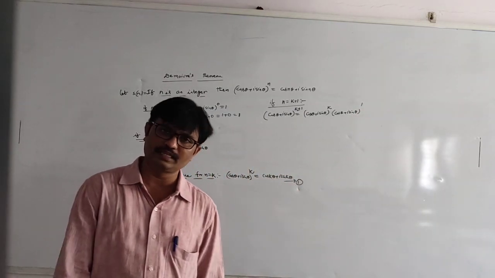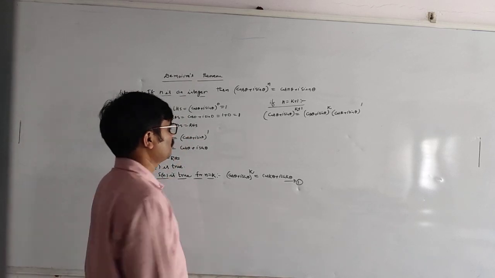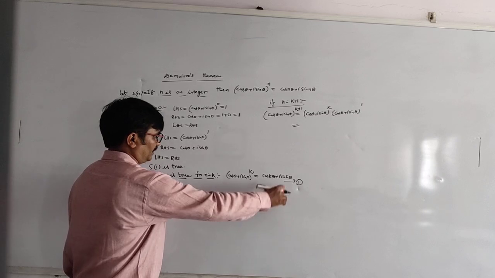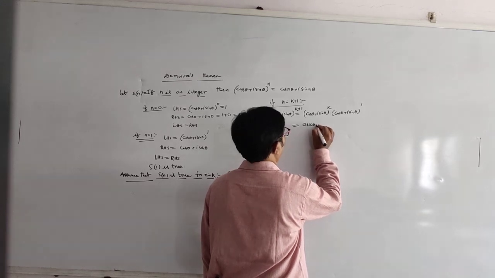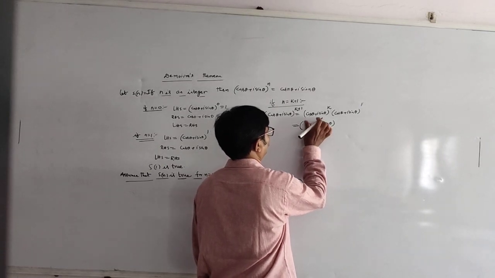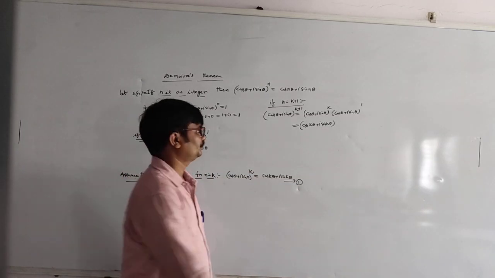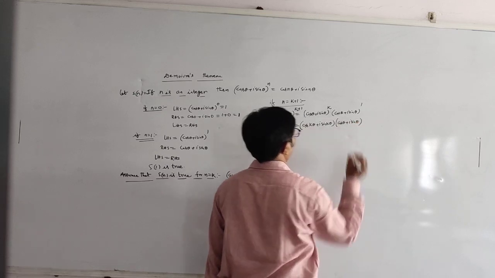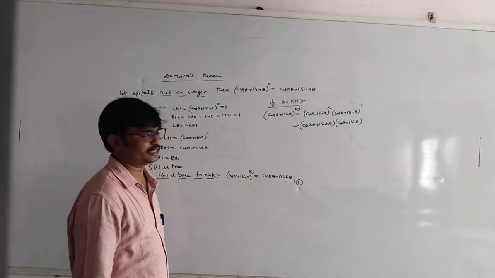Now (cos theta plus i sin theta) whole power k can be written as cos k theta plus i sin k theta. So it becomes (cos k theta plus i sin k theta) into (cos theta plus i sin theta).